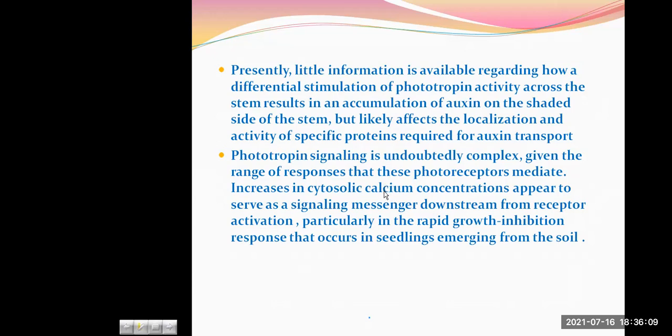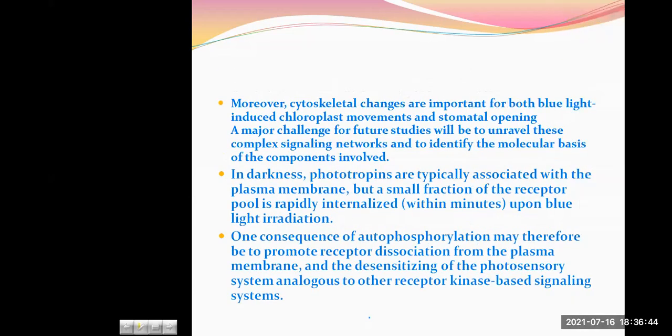These appear to be signaling messengers downstream from receptor activation, particularly in the rapid growth inhibition response. Plants do not grow rapidly, that rapid growth is inhibited when calcium accumulation occurs in cells, and this calcium accumulation is a response to phototropin signaling that occurs in seedlings emerging from the soil, that is, in seed germination.